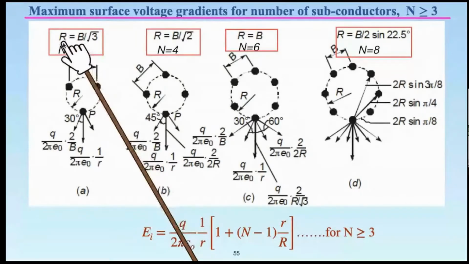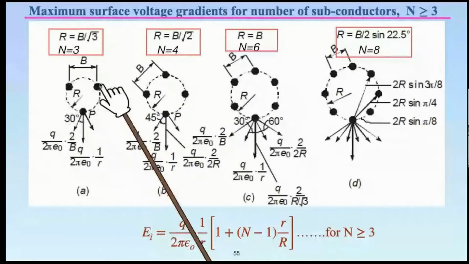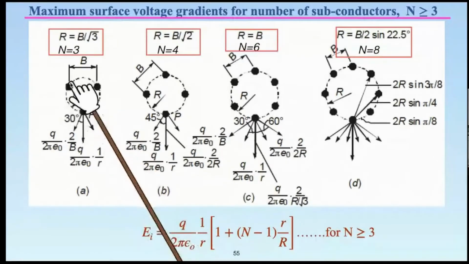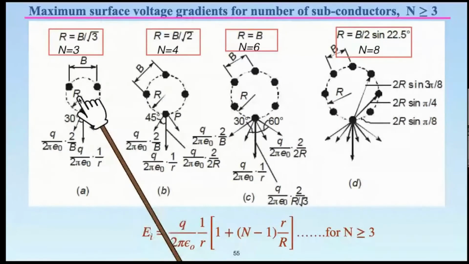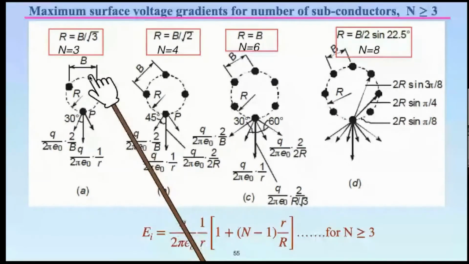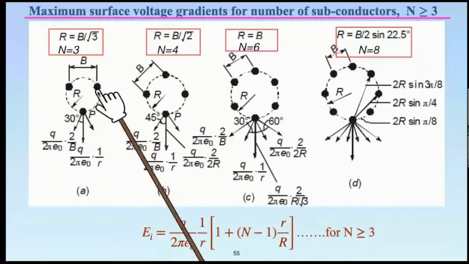Here you can see R represents this. Let us say if this is one of the phases having 3 subconductors, then the effective radius of the bundle is capital R. This is standard notation. Then capital B is the spacing between consecutive subconductors in a bundle.